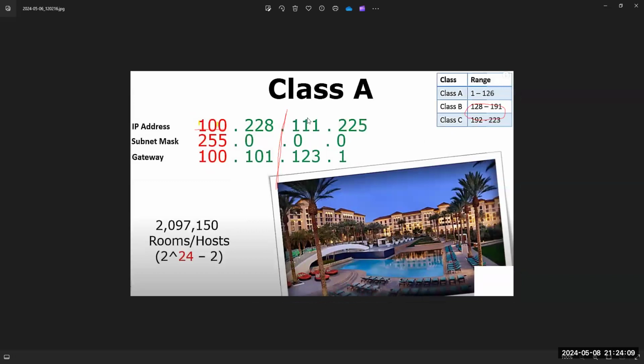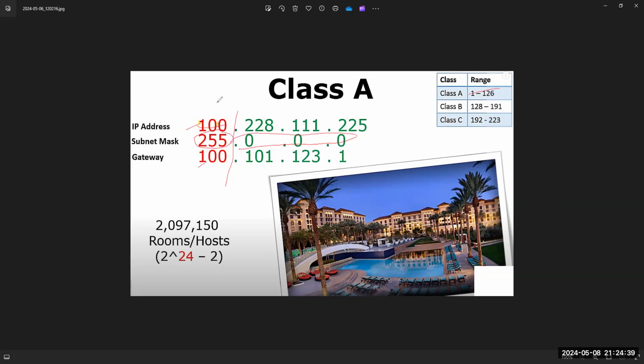Now, class A. Class A will be differentiated with the third one from here. First I will look at the IP address. Yes, it is within this range, and that is why it is class A. Now, these are again the hosts, 0.0.0, and this is again 0.